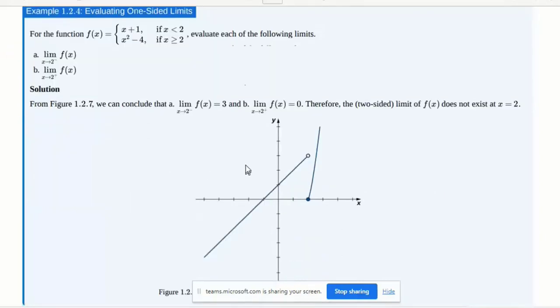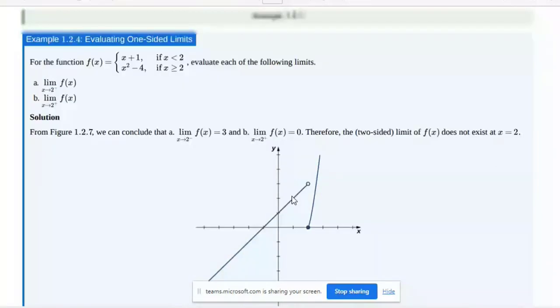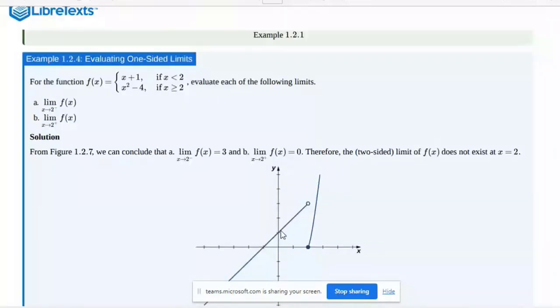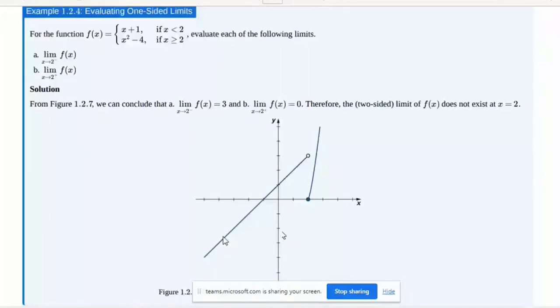Let's look at this diagram. Which one is this x plus 1? Is this the straight line?